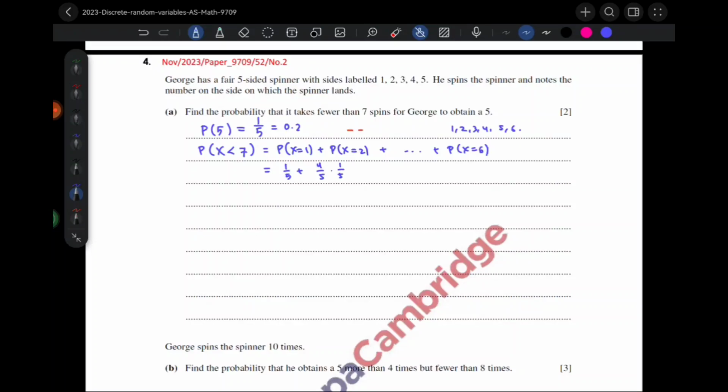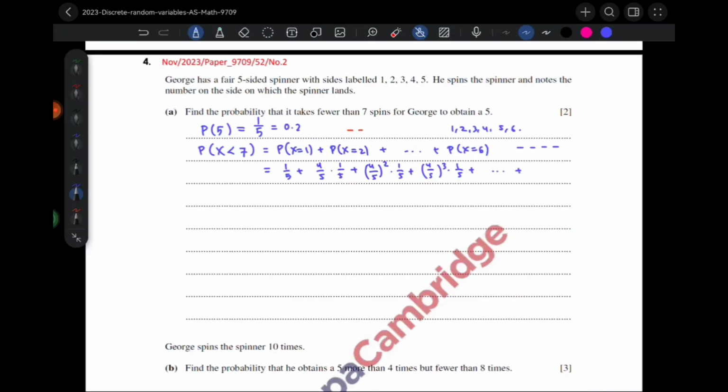For X equals 3, it's 4 over 5 squared times 1 over 5, then 4 over 5 cubed times 1 over 5, and so on until X equals 6.